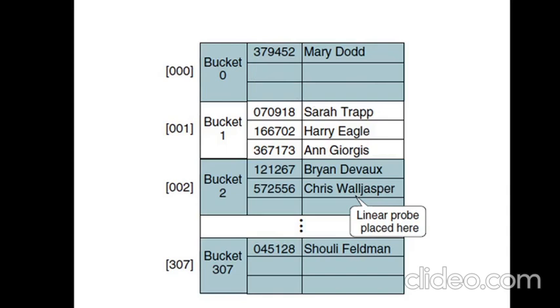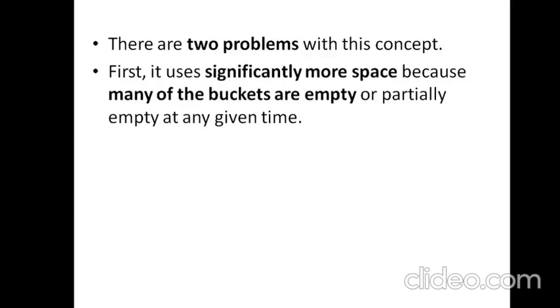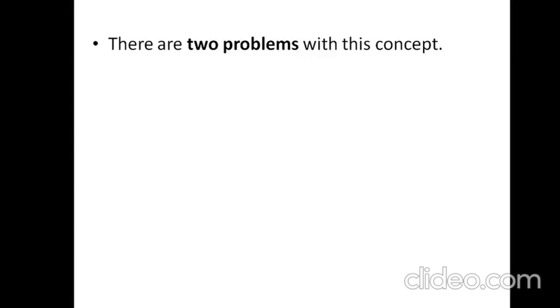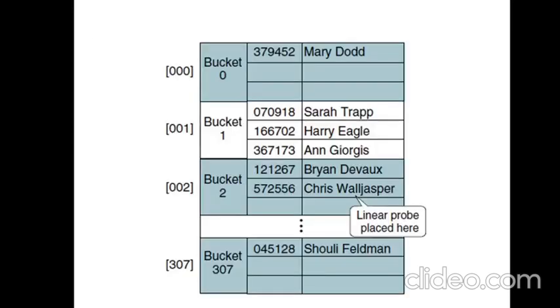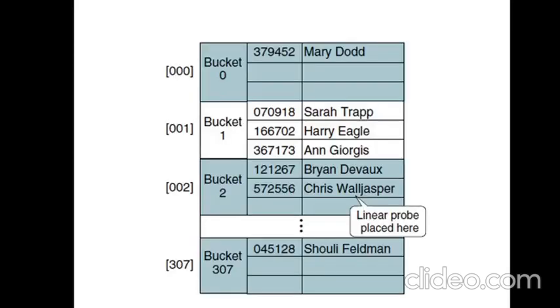So the number of collisions can be minimized by implementing bucketing, but the problem is it requires more memory space, because it will have a lot of empty spaces. And number 2, even after bucketing it may still result in collision. If all the 3 are occupied, then we are again going to face the collision, and some other collision resolution is needed.